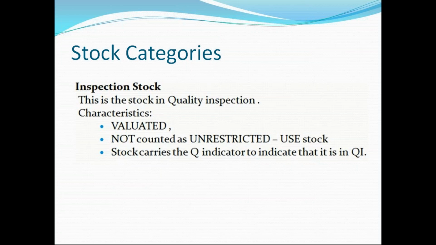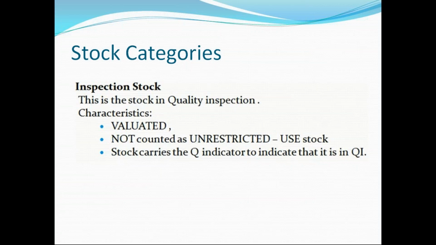Then the next characteristic is that it is not counted as unrestricted use stock. That means this stock cannot be used directly as unrestricted. So if you want to use the quality inspection stock, you need to do the transfer posting process. In the transfer posting process, we convert the quality inspection stock to unrestricted. So in the inbound process, after the goods receipt of the material, it will be in quality inspection.